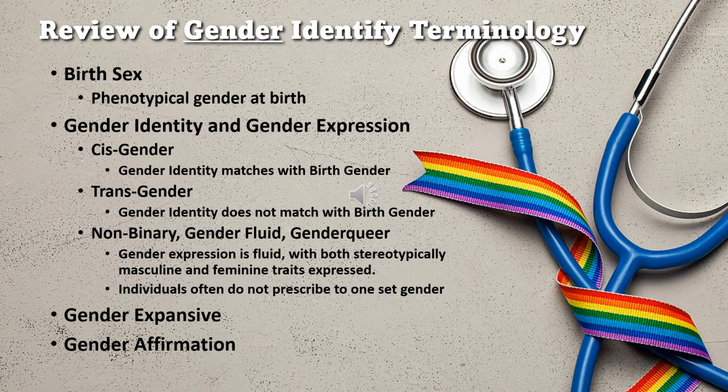In regards to transgender, the gender identity does not match with the birth gender. So therefore, if you were born as a male, but you have identified as a female, you are considered transgender. If you were born as a female, but identify as a man, then you are considered transgender as well.